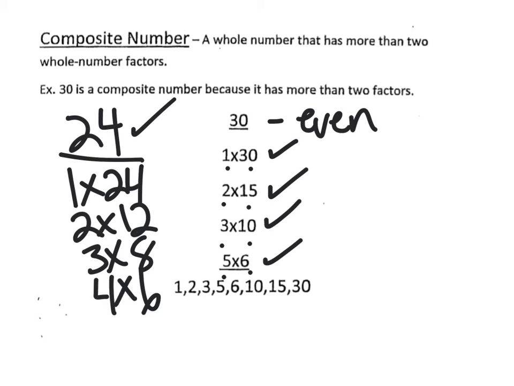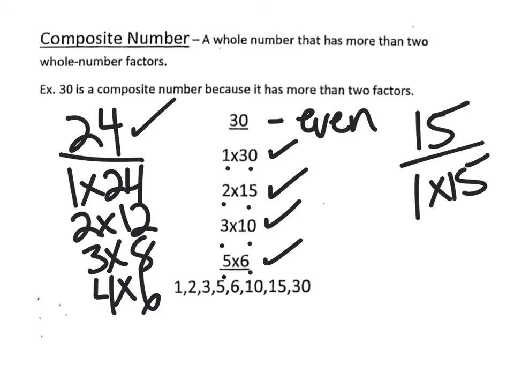But that doesn't mean that an odd number can't be composite, because I can put up an odd number like 15 and go, if I factor it, that's 1 times 15. But 3 times 5 is also a factor. If I count that, that's 1, 2, 3, 4 factors that give me 15. And that meets the requirements for the vocabulary word composite number. It has more than 2 factors.